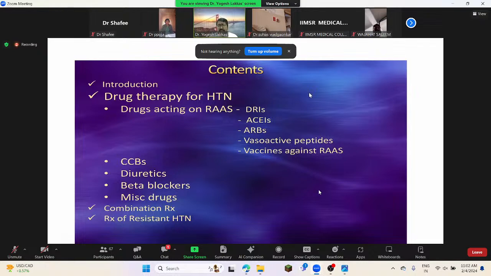ACE inhibitors have been the age-old medicines. ARBs we have had for the last 20-25 years. Then vasoactive peptides, another mechanism that we will be using in our pharmacological armamentarium. Then vaccines are also in research. Then CCBs, diuretics, beta blockers, these are the age-old medications, but newer molecules are coming into this armamentarium also, which we'll be discussing.